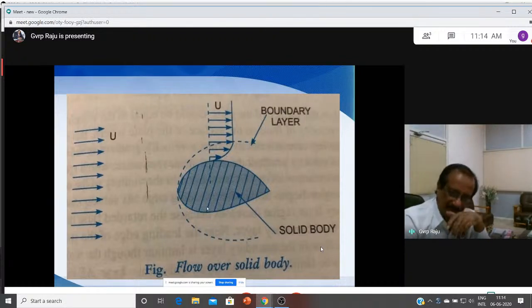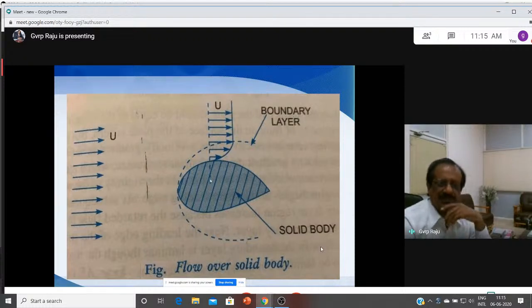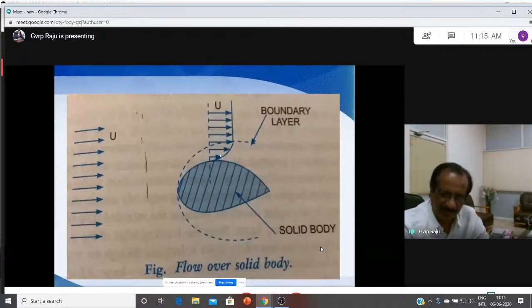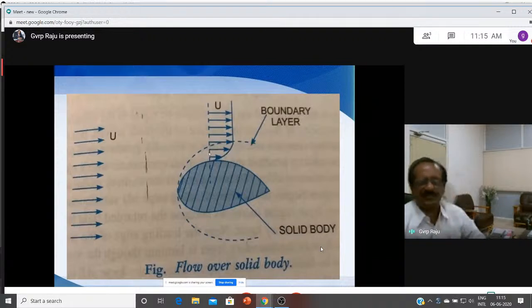This is the boundary layer. Now you can give additional energy. Let us say from the interior of the solid body, you are giving additional supply to the water here. That means you can accelerate the fluid velocity for the fluid in the boundary layer, so that you can avoid the formation of separation of boundary layer.